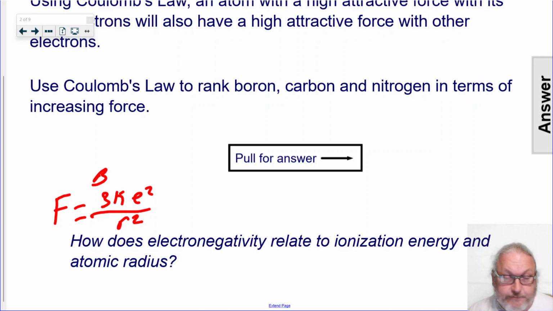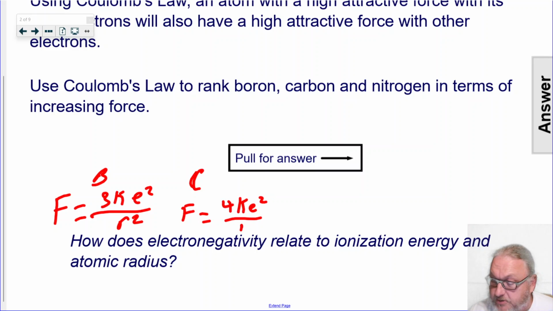Then we compare it to carbon. Carbon would be force equals 4 k e squared over r squared. And then nitrogen would be force equals 5 k e squared over r squared.